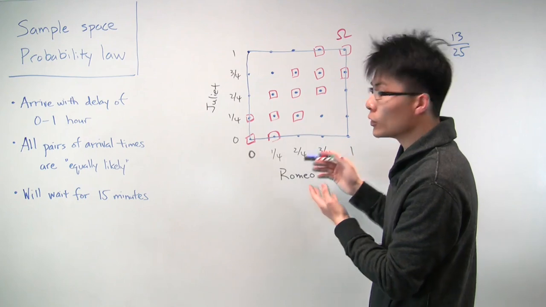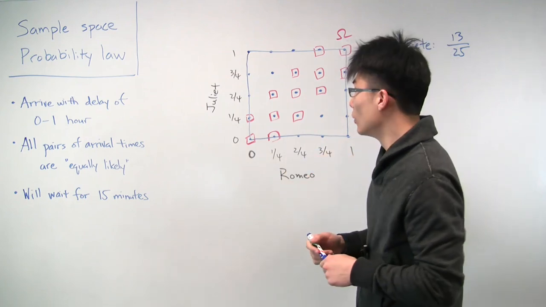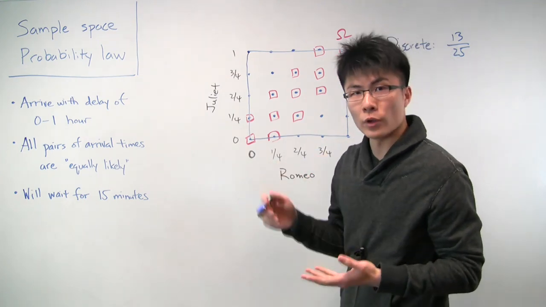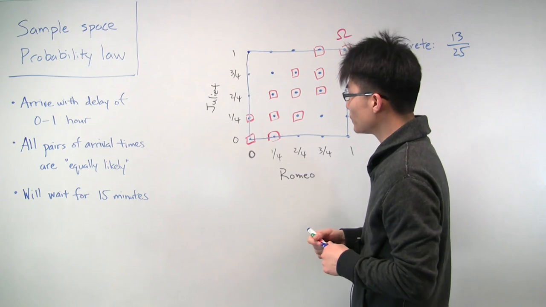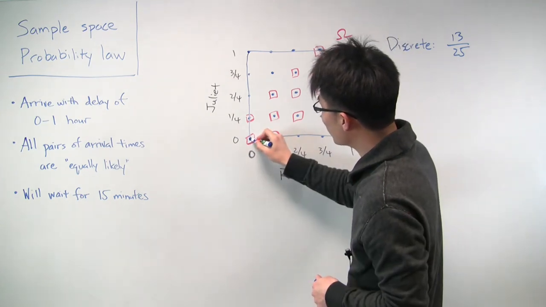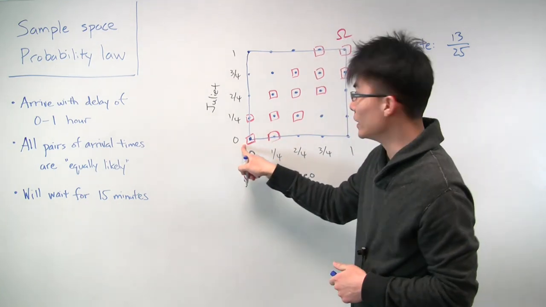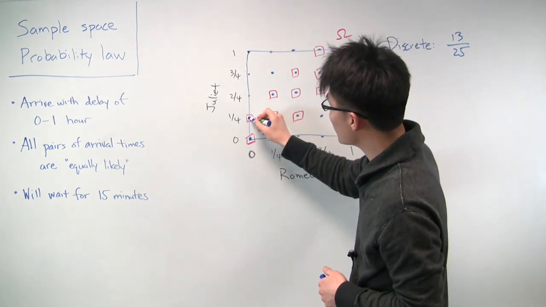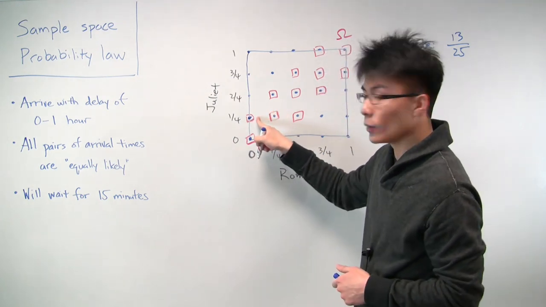So what we have to do now is just identify the event of interest, which is still the event that Romeo and Juliet arrive within 15 minutes of each other. So let's do that. If Romeo and Juliet arrive both on time, then obviously they'll meet. And if Romeo is on time and Juliet is 15 minutes late, then they will still meet.